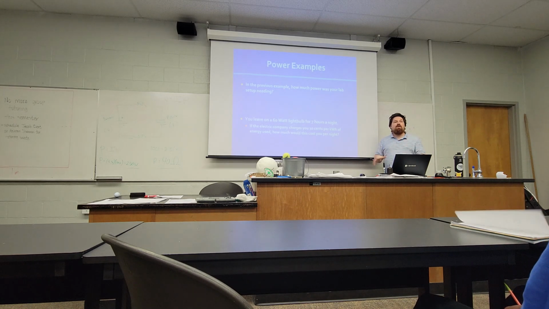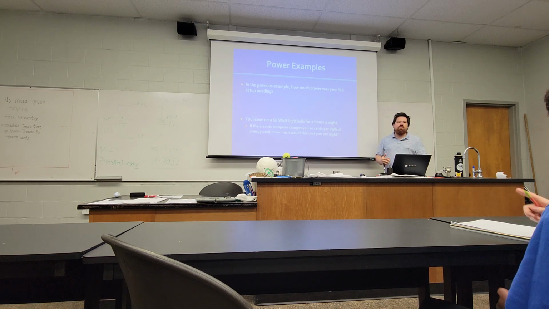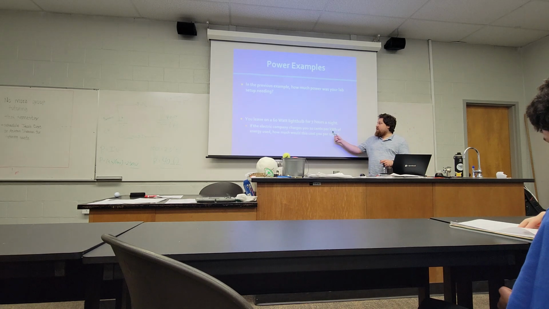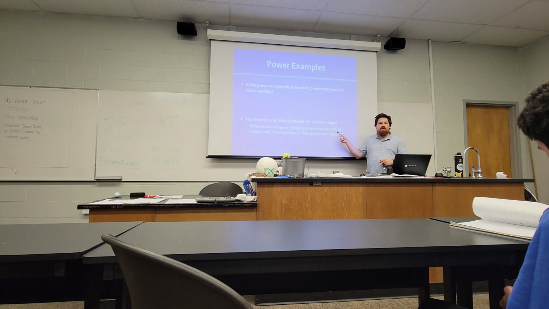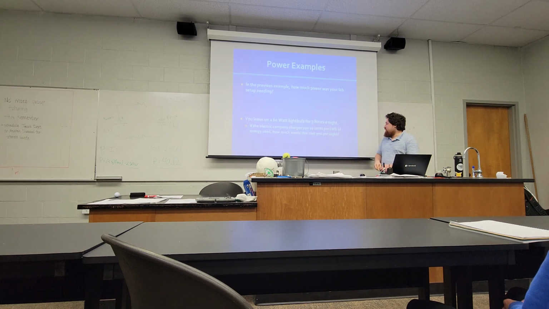Unfortunately though, the power companies in America don't really use units of joules for the energy that you're using. They use a different unit called kilowatt hours. If you've ever looked at an electrical bill, you might have seen this before. This is a new unit called kilowatt hours. I'm going to spell that out.